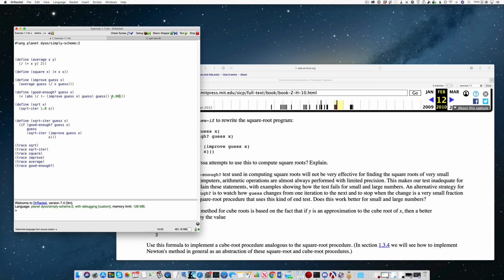For this to come out as good enough, the second guess would have to be greater than 999 or less than 1,001. It would have to be within 1. So the change is pretty tiny at that point. That seemed fine to me.